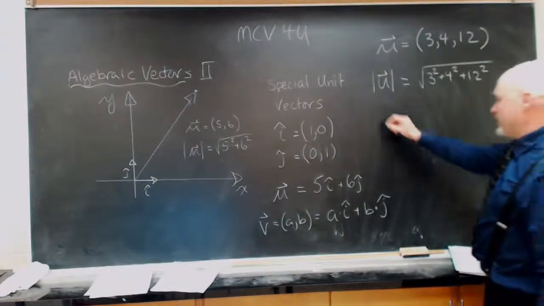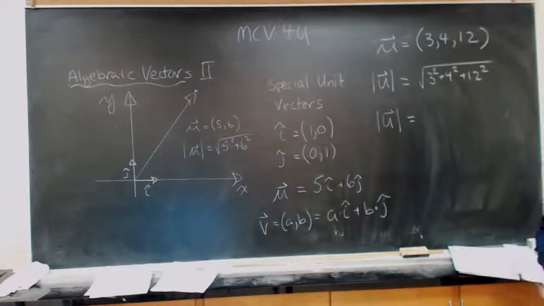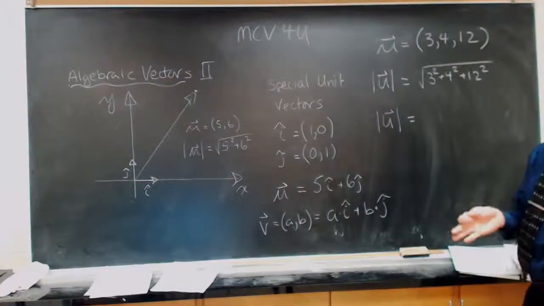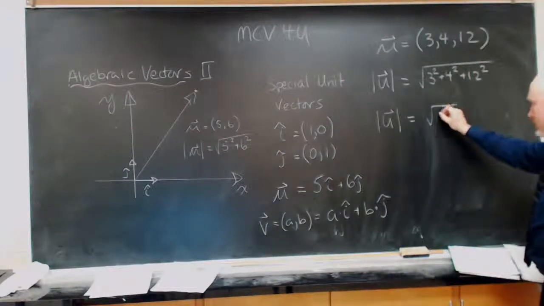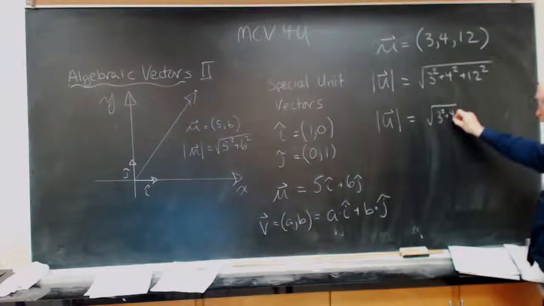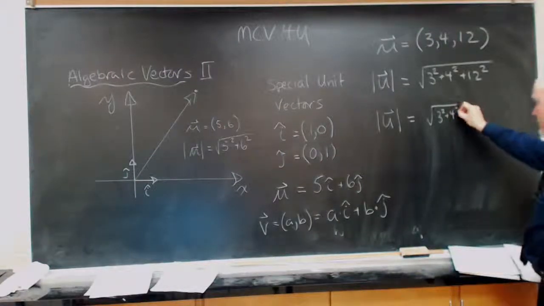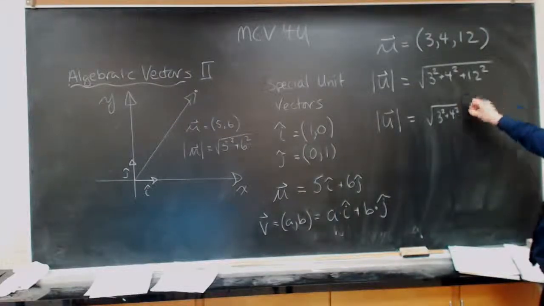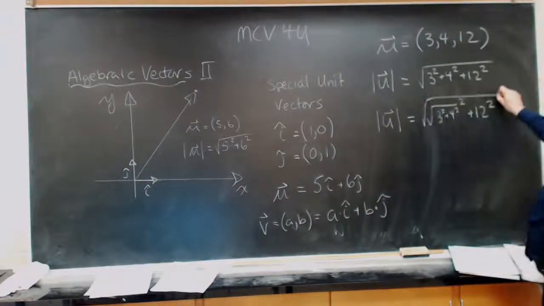So what you're saying is you actually started out this way, and I can remember the day that I did this. You found the size of the base of the triangle, 3 squared plus 4 squared. So you found the length of the one side, and then to find this, you had to square that, add 12 squared, and square root it.